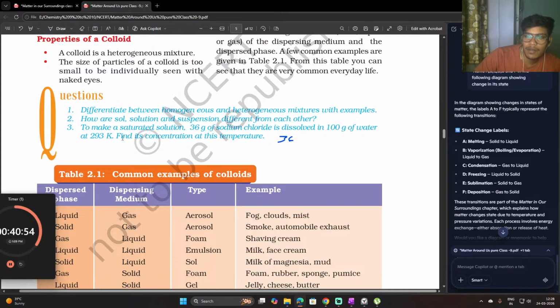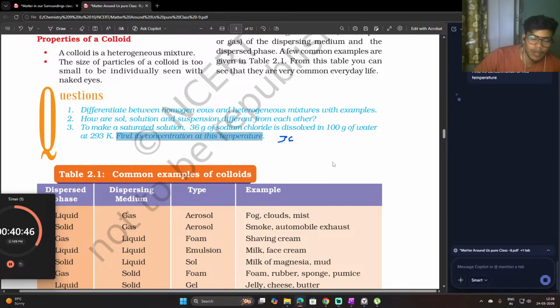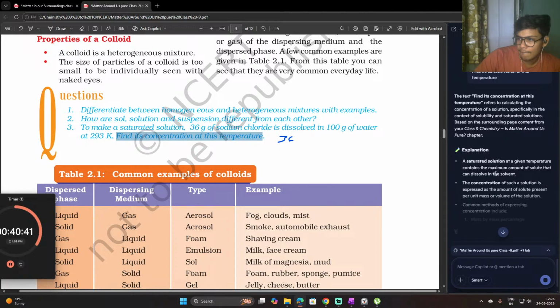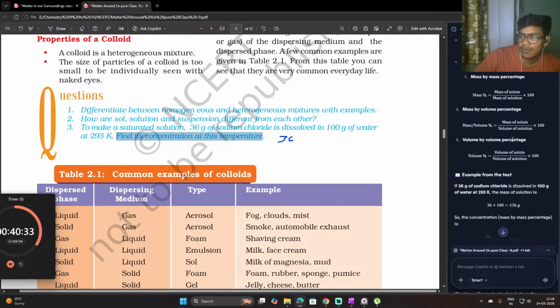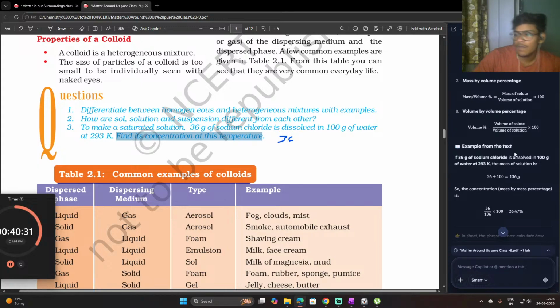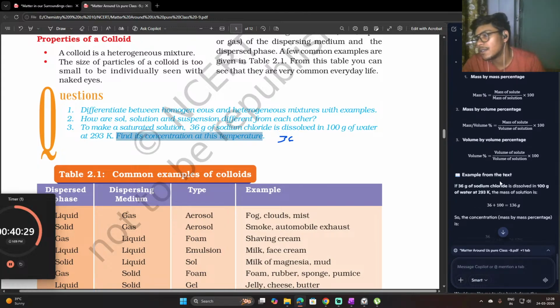If I find its concentration, I have to find the formula. Mass by mass equals mass of solute by mass of solution into 100. That's not what I'm looking for. I'm looking for concentration, guys.